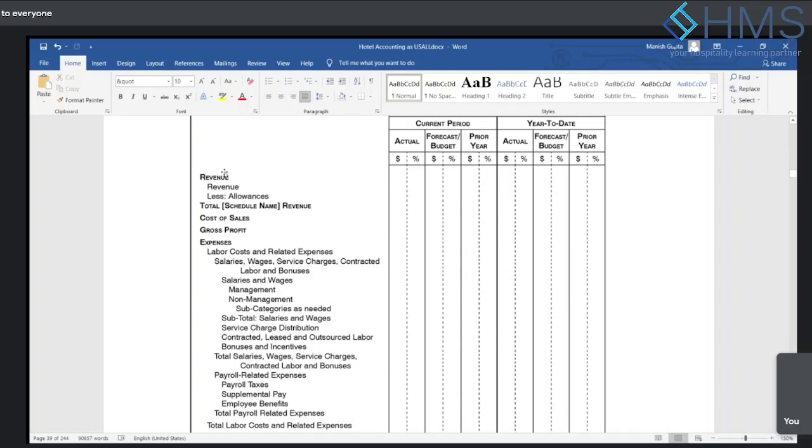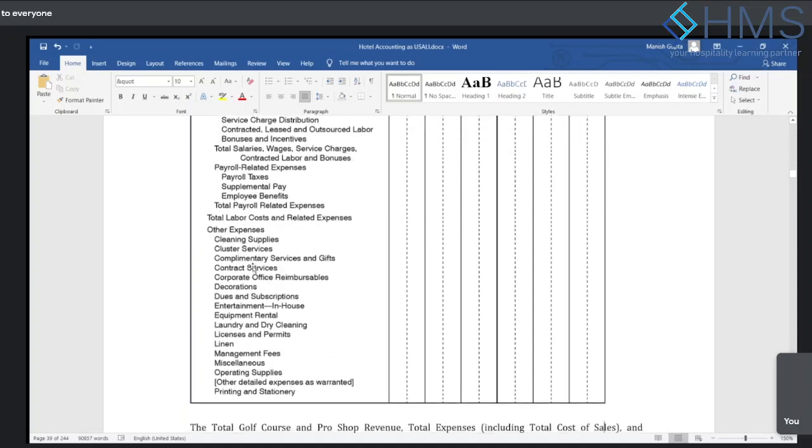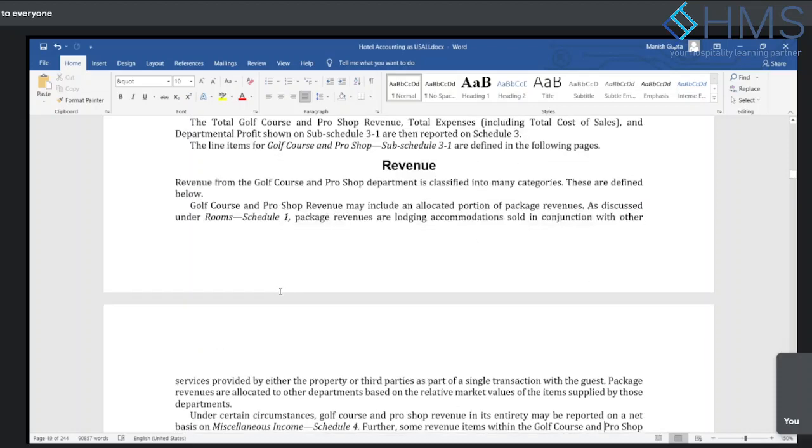Even though it's not required by USALI, the hotels can do it on their own. The expenses are standard for most of the departments. Only certain departments like the golf course have some additional line items for golf services. Otherwise, the expenses and the revenue are pretty much standard for all the departments.